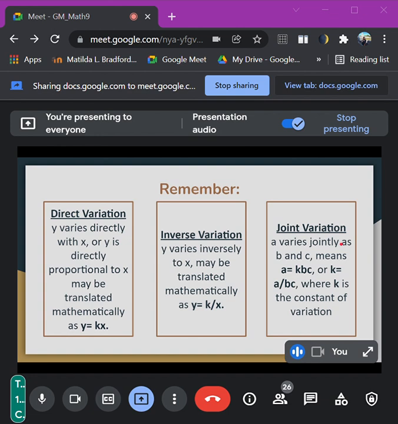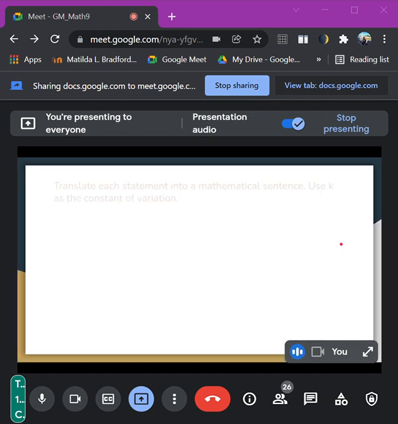Okay, so now, without further ado, let's practice translating. So we're going to translate each statement into a mathematical sentence, and we're going to use K as the constant of variation. Now, let's begin with P varies jointly as Q and R. So how are we going to write this one?